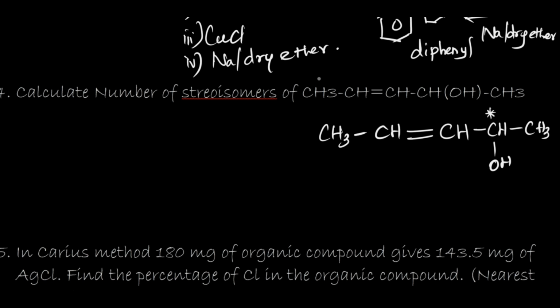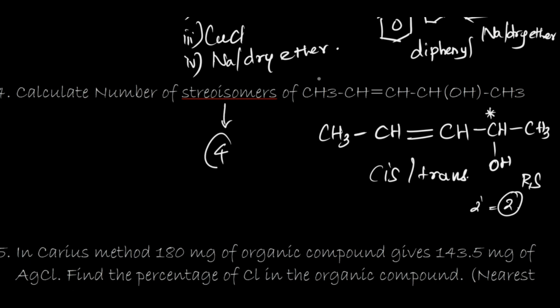And then what about the geometrical isomers? So one chiral center, 2 to the power 1, that becomes 2, that is for R and S configuration. How will it exhibit geometrical isomerism? Because this has 2 different groups at the same carbon, it can give cis and trans, which makes the total isomers 4.